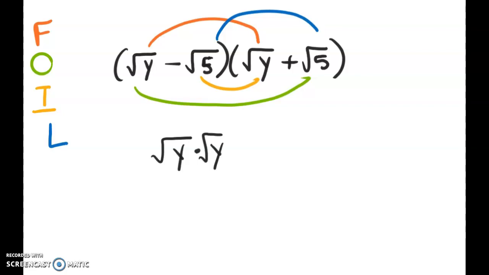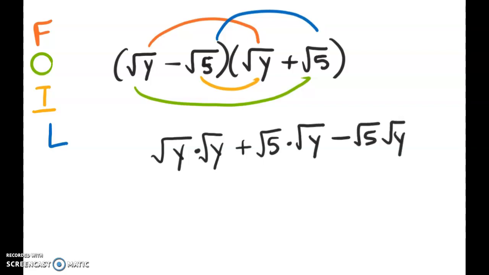And then the outer terms would be the square root of 5 times the square root of y. The inner terms would be the square root of 5 times the square root of y. And then the last terms would be negative times a positive, which would be minus the square root of 5 times the square root of 5.